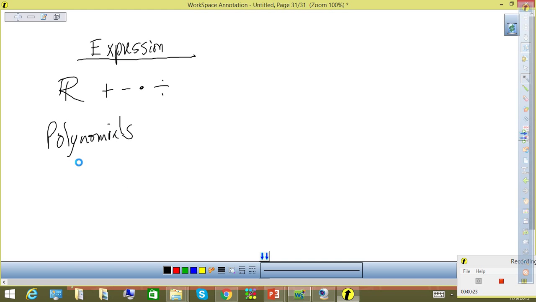Remember that? And then polynomials, we did what? We added polynomials, we subtracted polynomials, and we multiplied polynomials. Which one are we missing? Division. That's coming up pretty soon. And then from there we went into simplifying expressions using the order of ops.